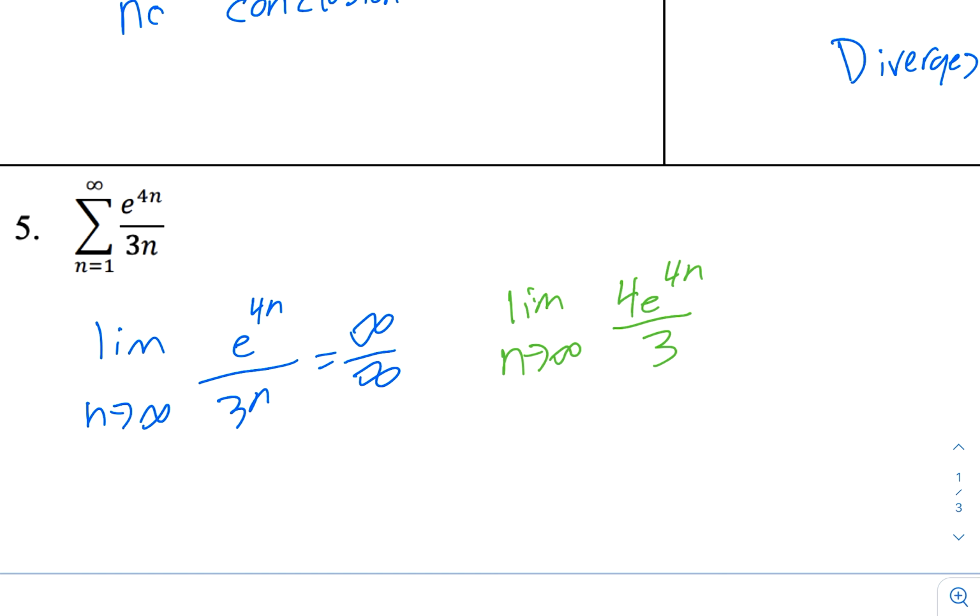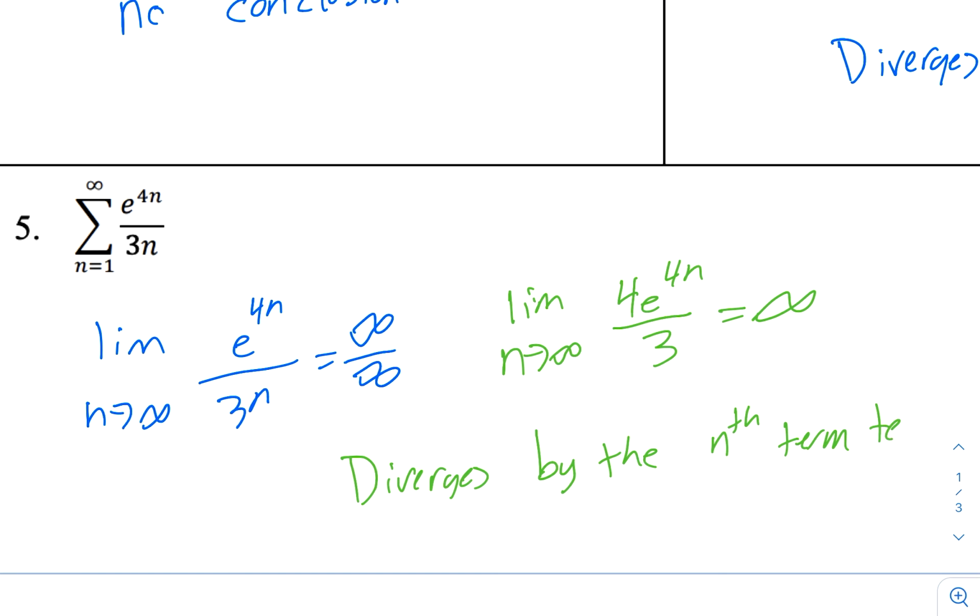Now when I substitute infinity in, I get an infinite limit. Since that's not 0, we find out that this series diverges, again, by the nth term test. And that's it for this test.